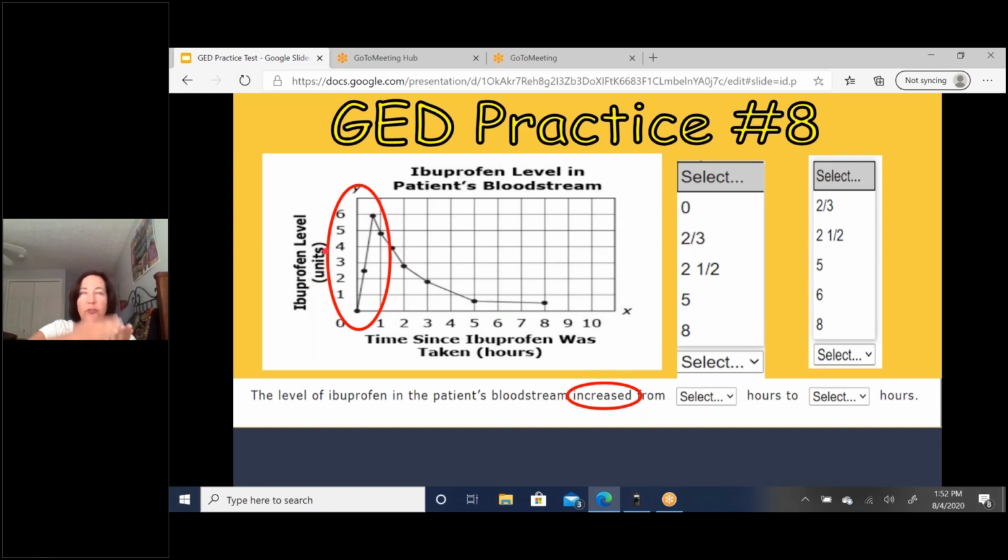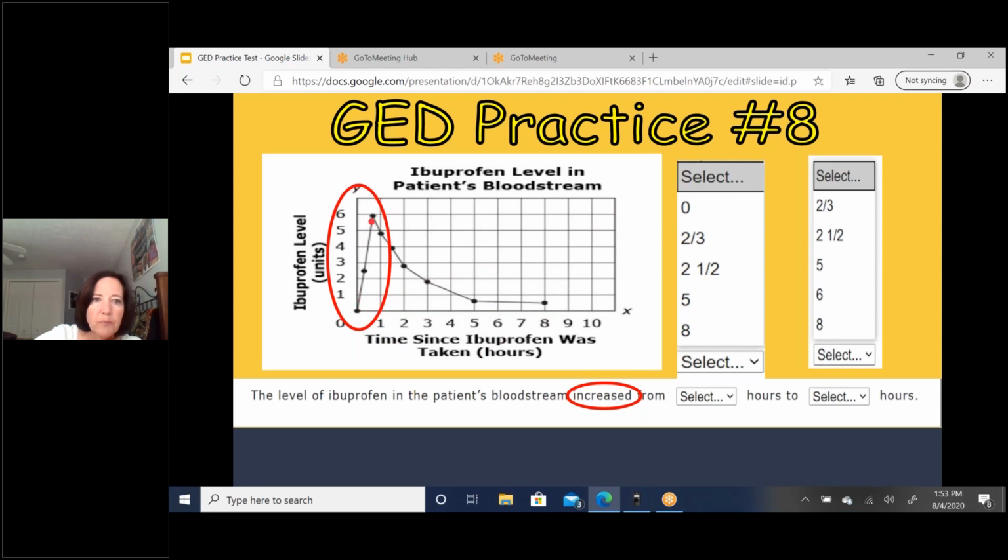That kind of makes sense. You take medicine, it goes into effect, and then it slowly starts to wear off. But the only place where we see an increase is right here at the beginning of our graph. So the increase started right there at 0. So we're looking at time, how many hours? Right there at 0 hours is when it started, and that is an option.